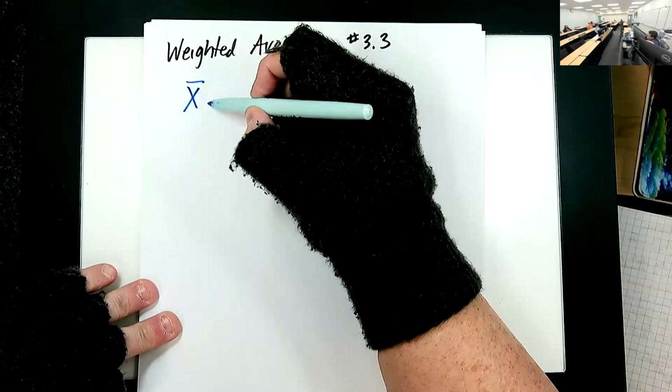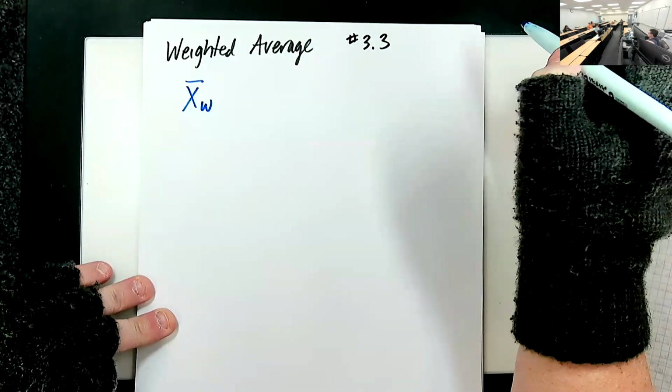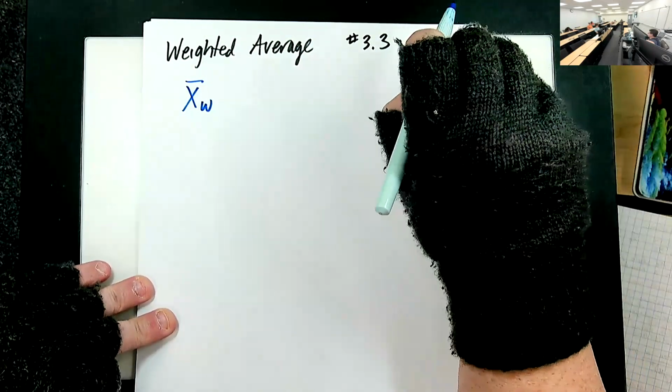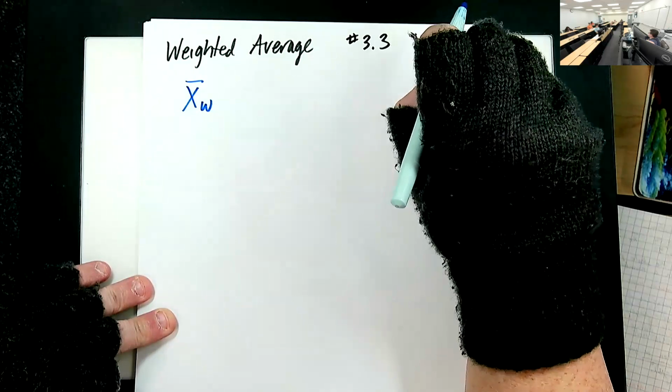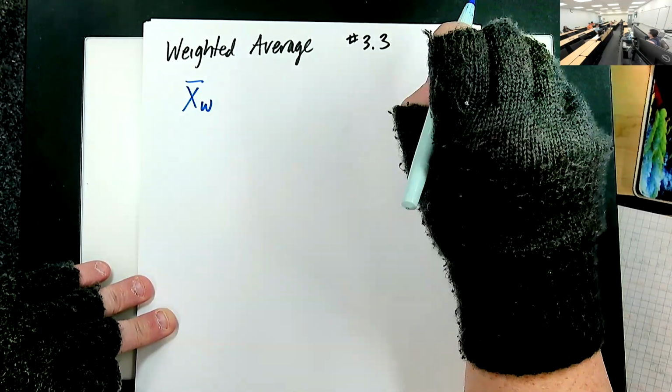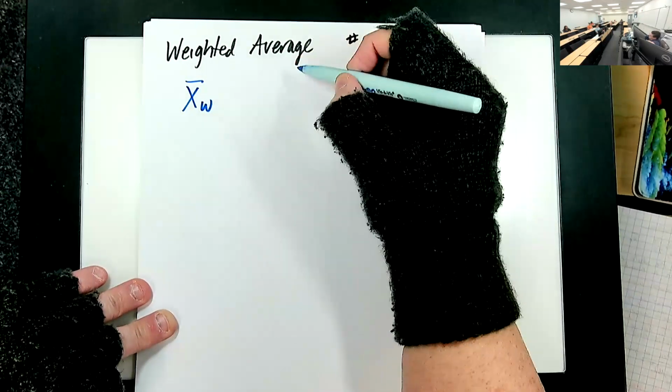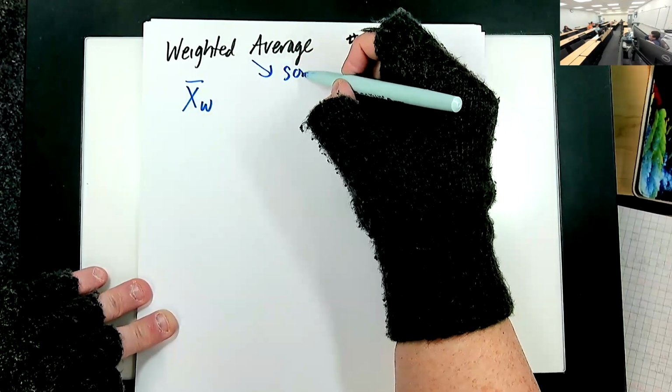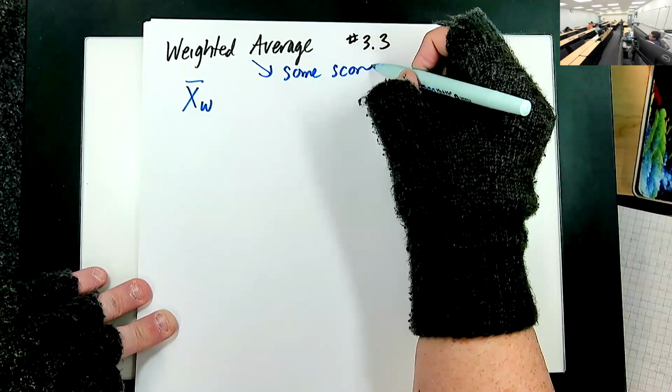They got a pretty little formula for it. Well, I don't know how pretty it is. We're doing an average, but they put a W there because it's weighted, which means some scores matter more than others.